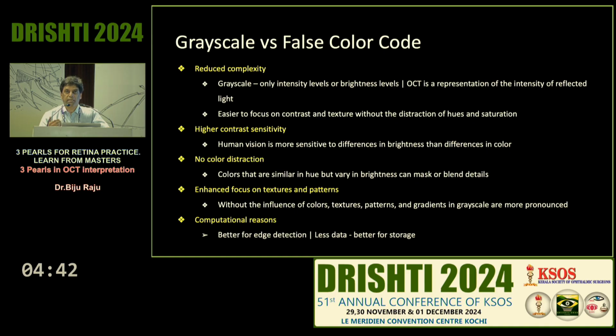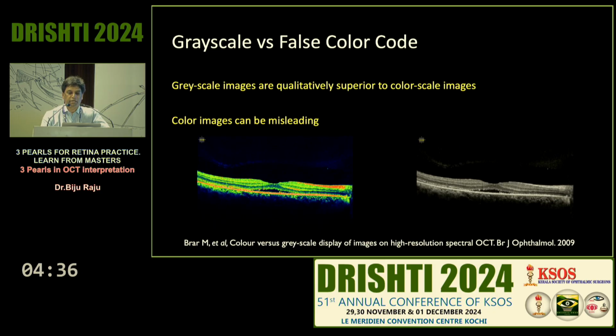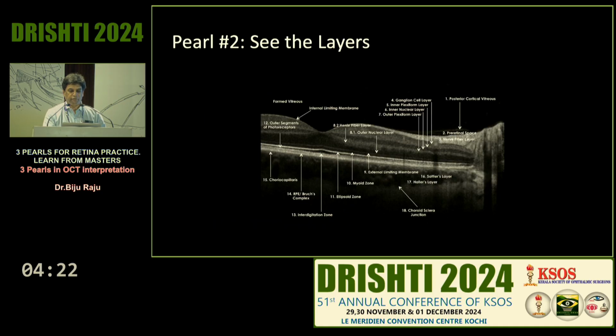And that makes for lesser contrast sensitivity, and color distracts your perception and you miss certain textures. Studies have shown that grayscale images are far better in evaluating OCT scans. And when you look at this picture here, you can see that once the color is gone, the layers just pop out, and it's very easy to identify the different layers.